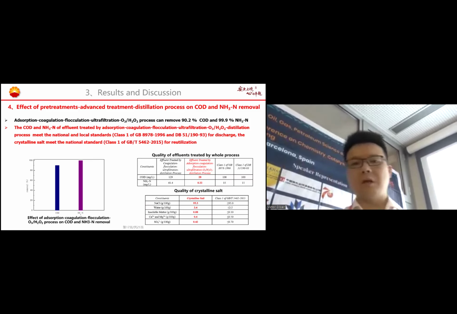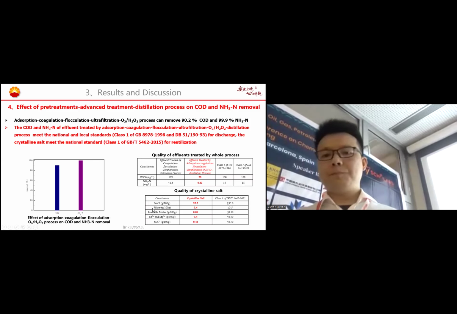We can see from the table the COD of the effluent treated by the process is less than 30 milligram per liter, which can meet the class first of GB, the national standard, and the ammonium nitrogen is less than 1 milligram per liter, which is much lower than the concentration of the standard.